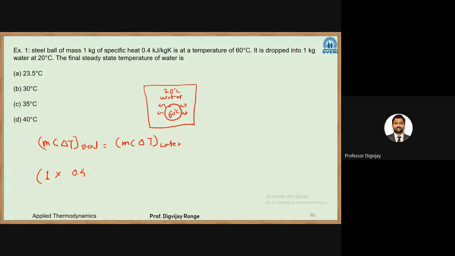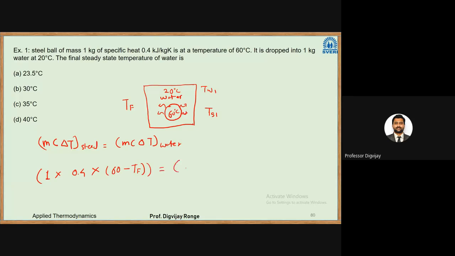Delta T will be, let us say, the initial temperature of the steel ball we denote as TS1. Initial temperature of water we denote as TW1. Heat loss by the steel ball will be equal to initial temperature 60 minus final temperature. Let us say they both reach a final temperature of TF, so 60 minus TF.